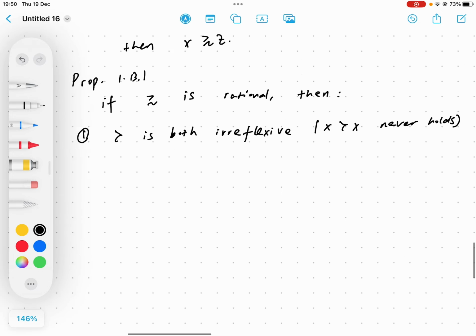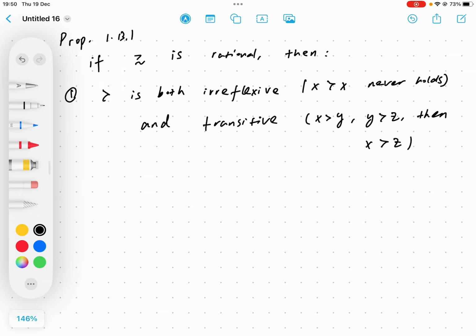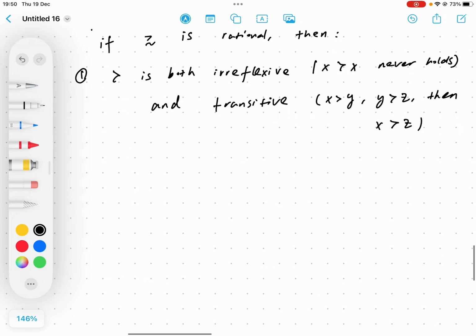Transitive means if x is strictly preferred to y, and y to z, then x must be strictly preferred to z. That'll be the first result, and we'll prove this later.